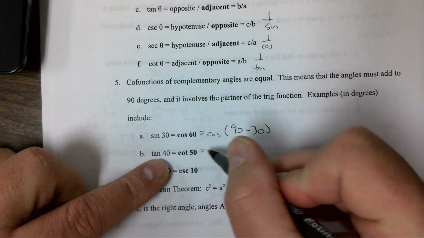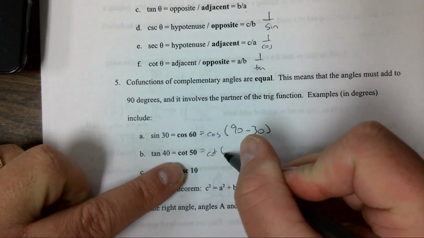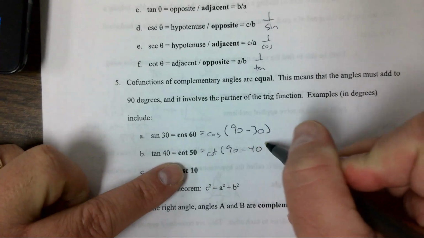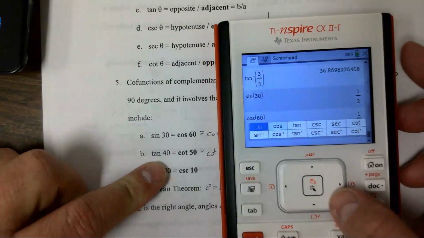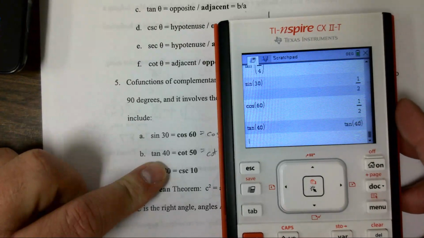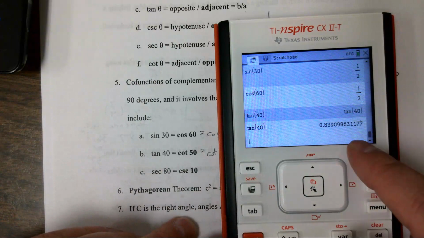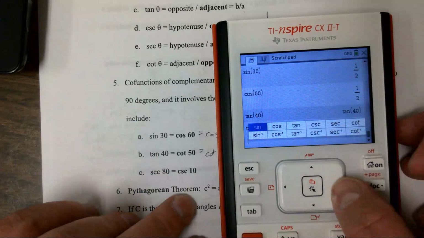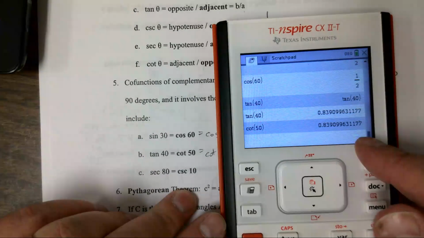And this one is cotangent of 90 minus 40. So we have tan 40. Whoops, that didn't reduce. I should have hit Control Enter. And then cotan 50. Control Enter, same thing.